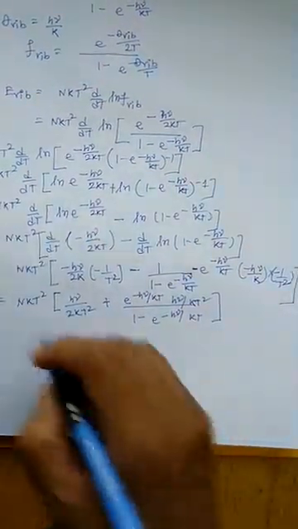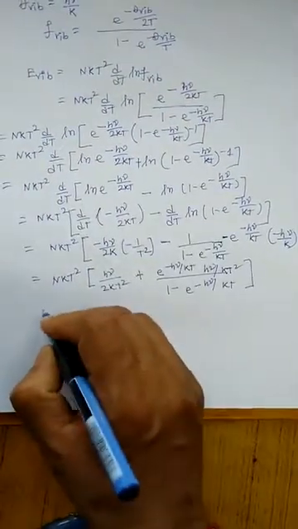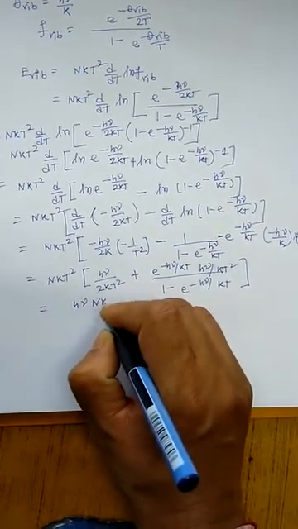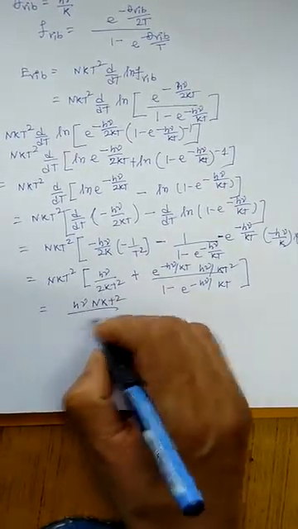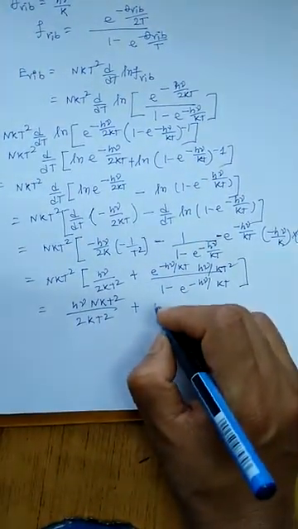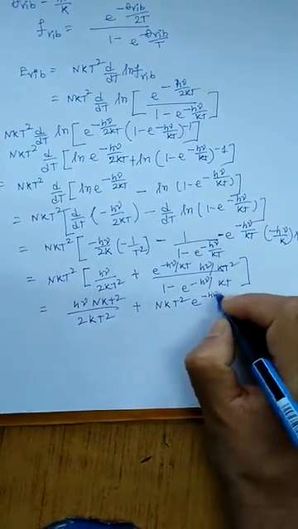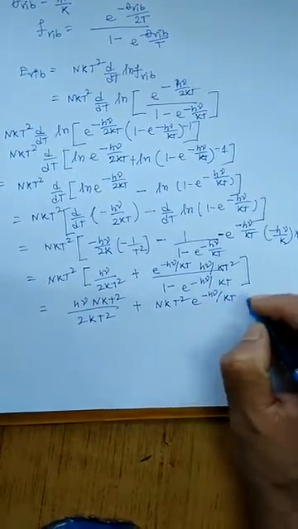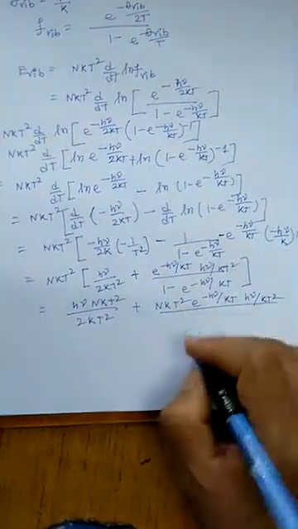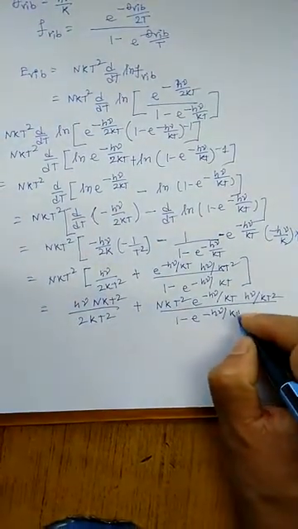Now what I have to do is multiply NkT square, so N h nu kT square divided by 2kT square, plus NkT square times e to the power minus h nu by kT into h nu by kT square divided by 1 minus e to the power minus h nu by kT.